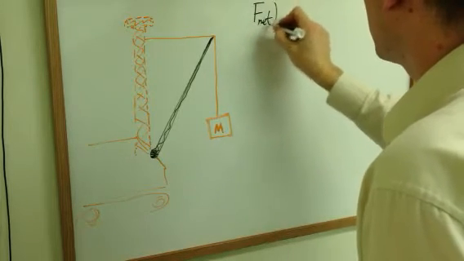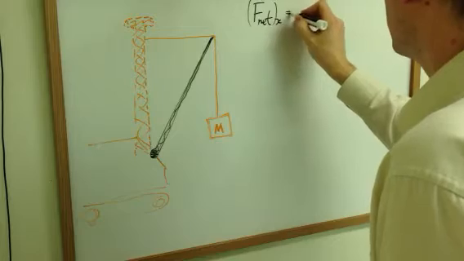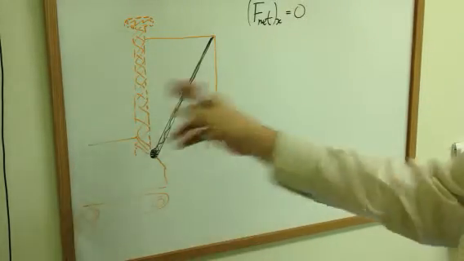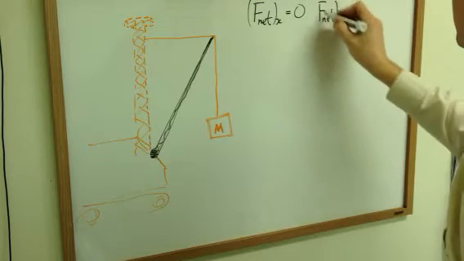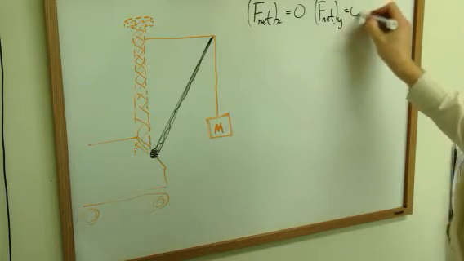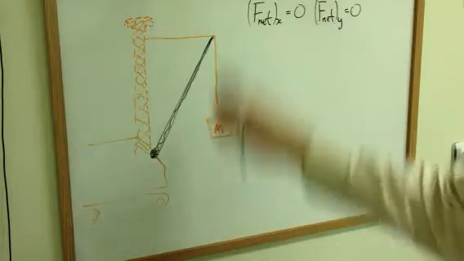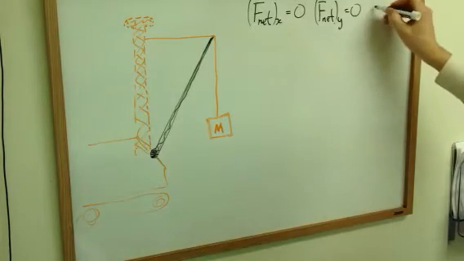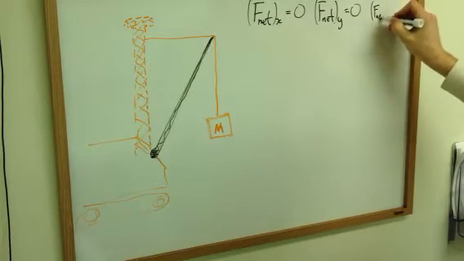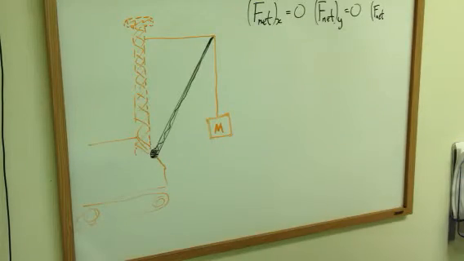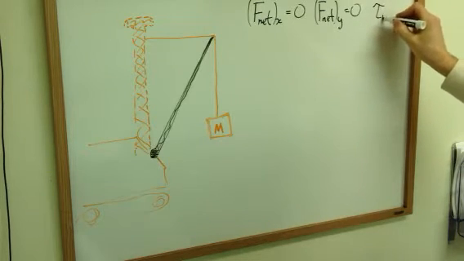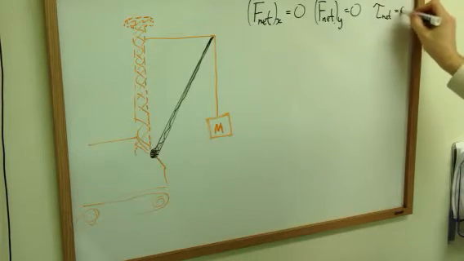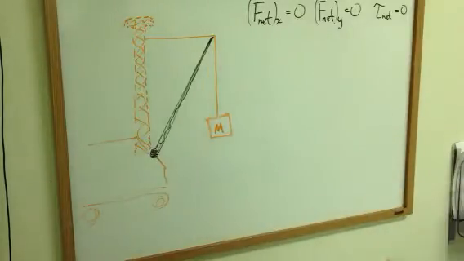Net force in the x direction is 0 if it's not accelerating in that direction. The net force in the y direction is 0 if it's not accelerating up and down. Also, for us, the net torque is equal to 0 if we don't see any twisting.